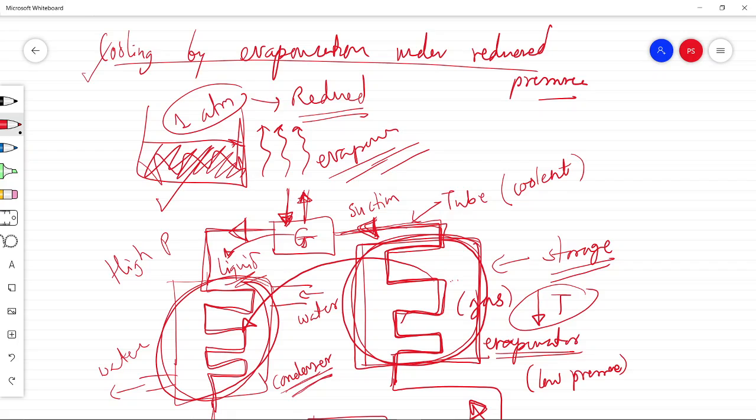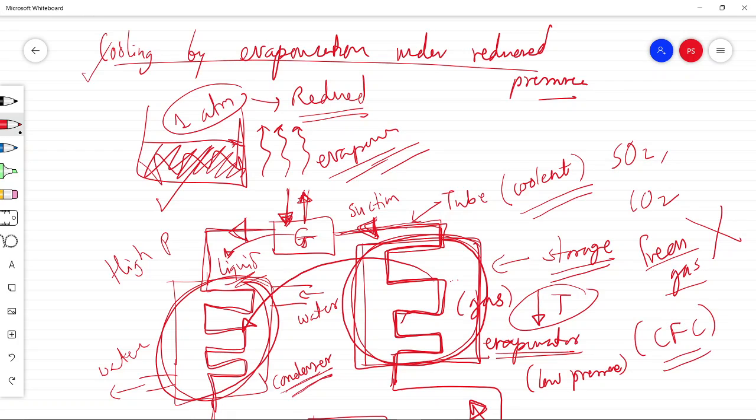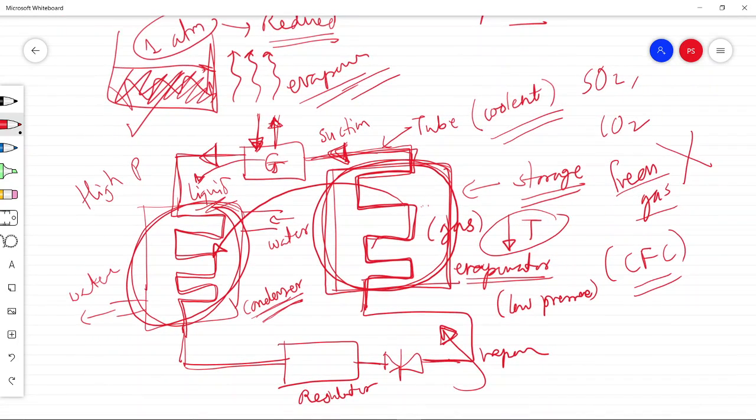The typical gases which can be used in this process as a coolant are SO2, CO2, and the very famous freon gas. Of course, this has been banned, being a CFC gas, because it causes harm to the ozone layer. But still, we must be aware that such machines were used for years to achieve low temperatures.